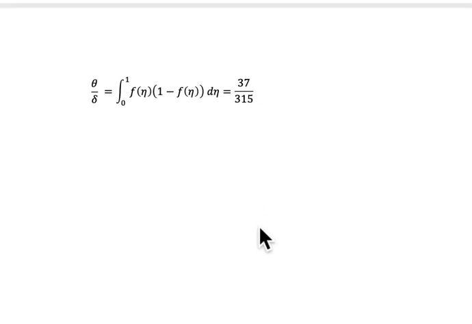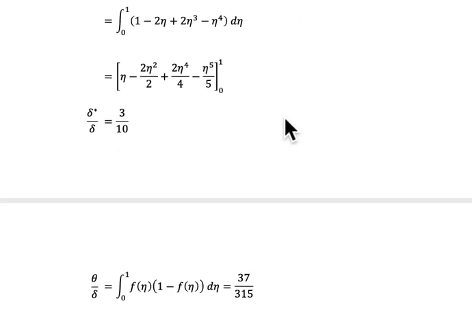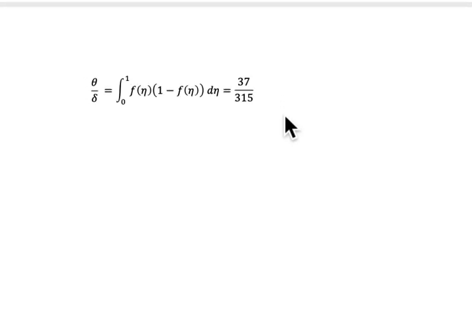Then if you do theta over delta, do the same thing: substitute the function of eta here, complete the integral process, and you will find that theta over delta is equal to 37 over 315. Please be careful, and please try this at home.